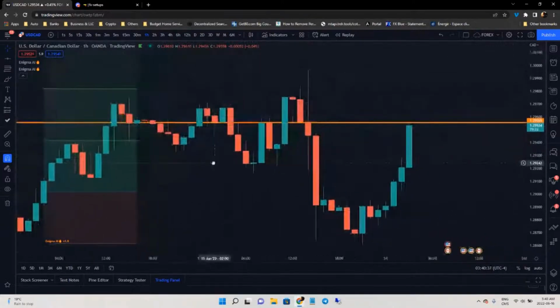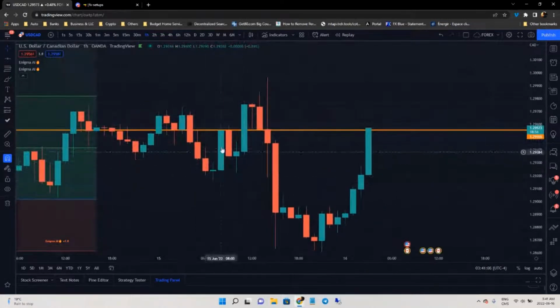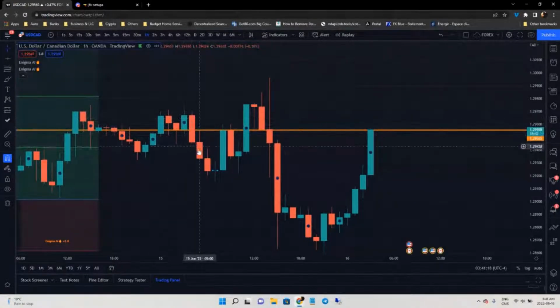For USD CAD, if we look at the FOMC report that we had on Wednesday, I put a video with the indicators, showing what we were expecting for FOMC and where the market would be going. I put a horizontal line right here on this candle, because there was an engulfing candle on the downside.